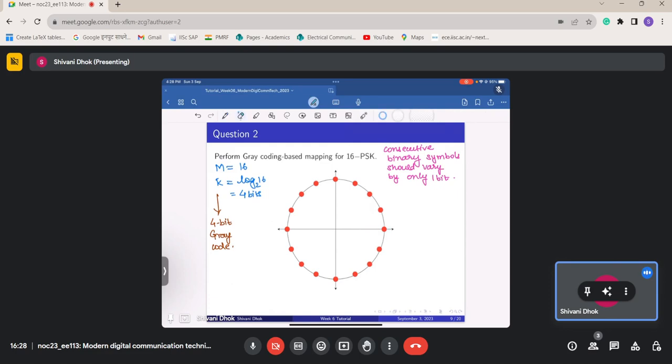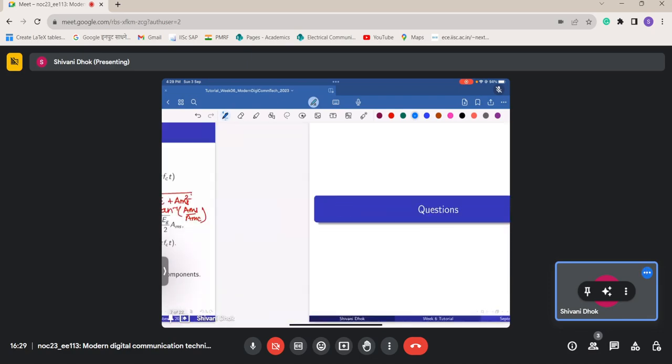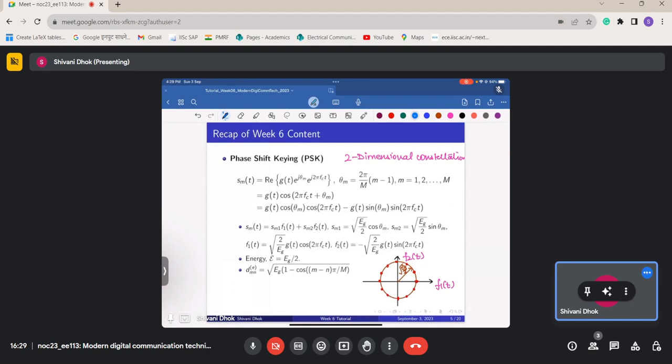Okay, before doing that, this thing that I have plotted is basically my constellation point, and each of these points, let's say I take this point here, the angle that it makes with this horizontal axis is theta m, and each of these points is root Eg by 2 cos theta m, comma root Eg by 2 sin theta m, and this comes out from this formula here.